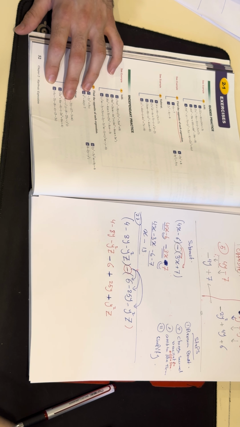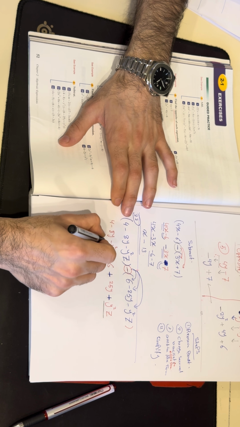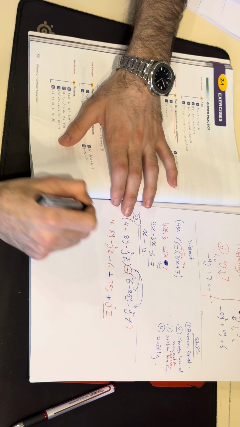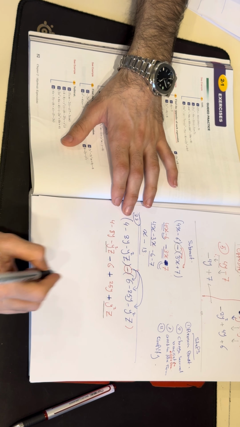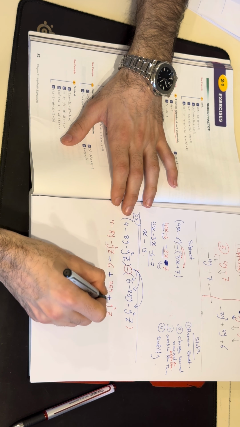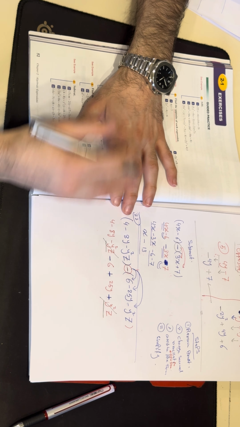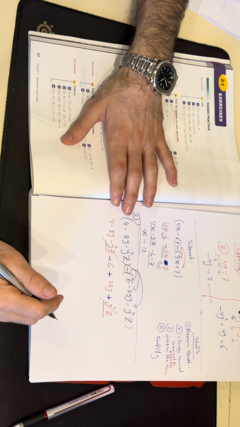Now, do I have like terms? Yes. Why? Positive, negative. If you remember, we already studied this one. If you have exactly the same thing, and the only difference between them is positive and negative, they will cancel. So these two will cancel. No need to write them.